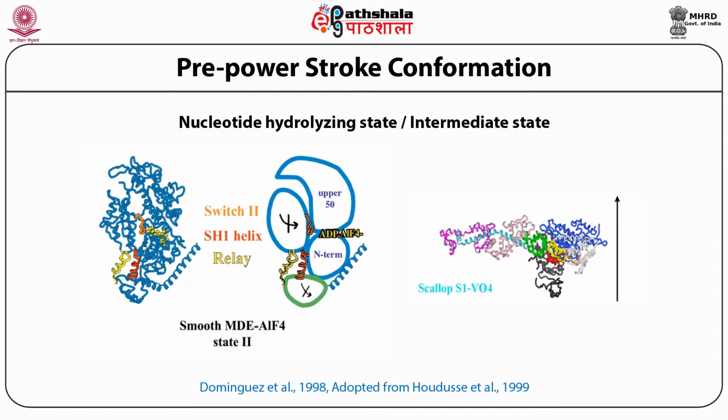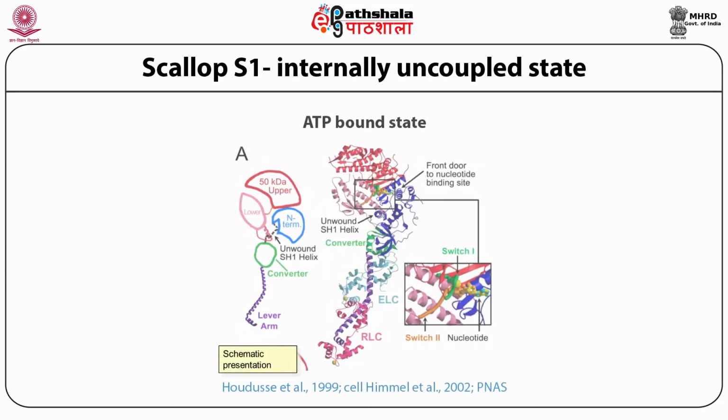I will show you all the 3 different conformations where the structures are determined, and we will discuss the power stroke again. The ATP bound state is where the SH1 helix is melted. The connection between the motor domain and the lever arm is only seen in the scallop S1. Now here there are several discussions about the probability of this structural state in the contractile cycle.